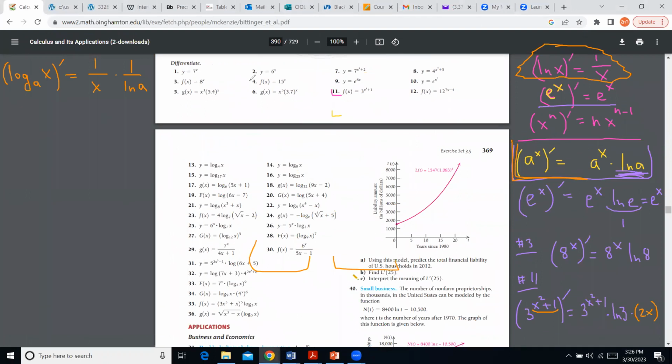So exercise like problem number 13 deals with logarithm base 4 of x. Well, base 4, so we're going to have 1 over x. It's always going to be 1 over x, but multiplied by 1 over ln of 4. So please notice that ln is very popular, that logarithm base e, right?